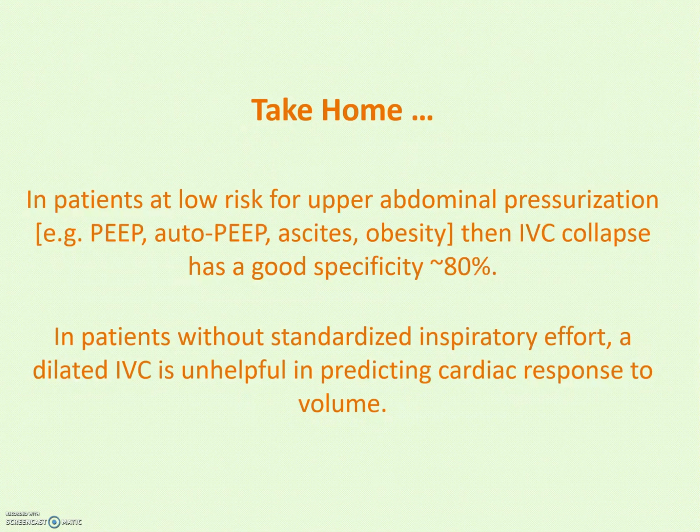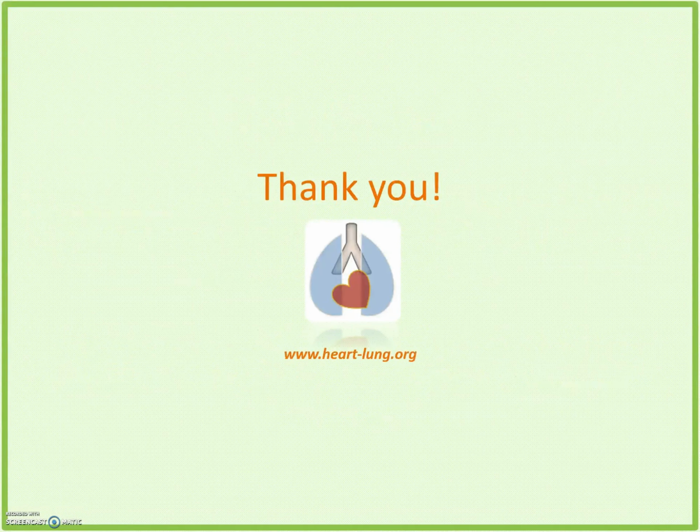And again, potentially one way of determining a true non-responder from a true responder with a dilated IVC would be looking for pulsatility in distal veins, in the portal vein and the renal vein, etc. Thanks for listening.